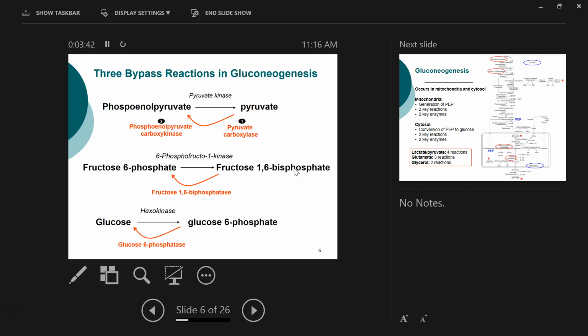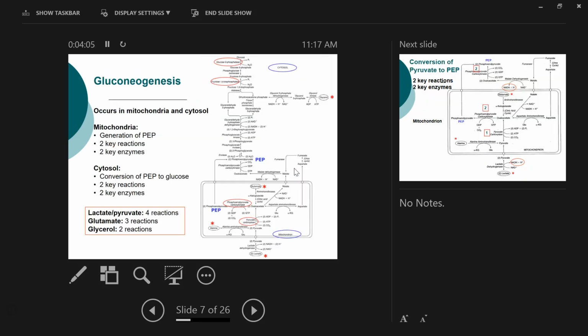right? So basically, we have four enzymes that catalyze the reversal reactions in gluconeogenesis, right? So you try to remember these four reversal reactions, not just the enzymes, but also the substrates and the products, right?